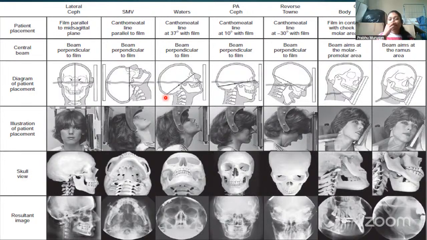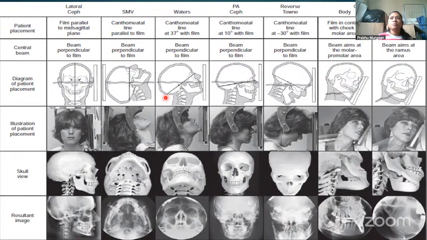There are key projections for certain important things. For example, to view a fracture of the condylar neck, it is a reverse Towne's view. To view the paranasal air sinuses, we use the Waters view. So you have to know the key projections, and also try to remember the angulation of those particular X-rays.